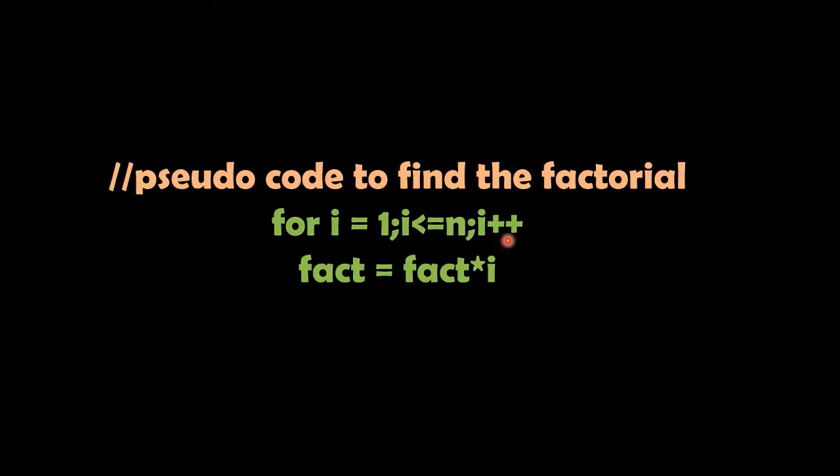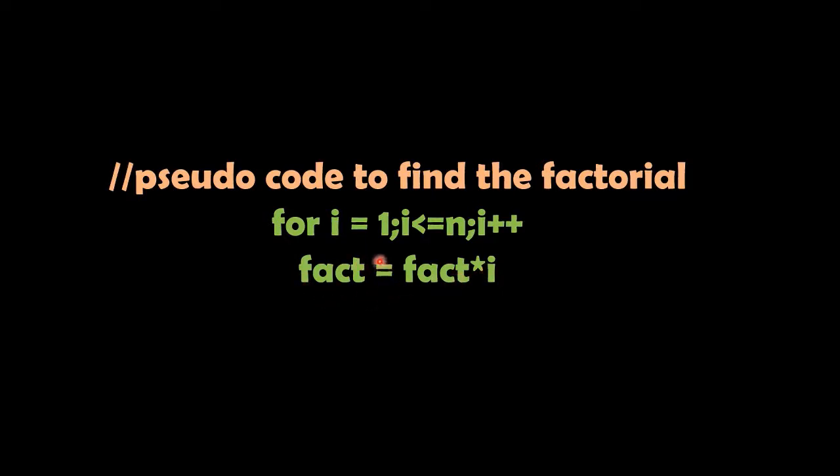I will hand this over to you: think about why I have written the condition i less than or equal to n. In the next line, I have a variable named fact, initialized at the start of the code. Now I want fact equals fact into i. So I am updating the value of fact after every iteration of the for loop.